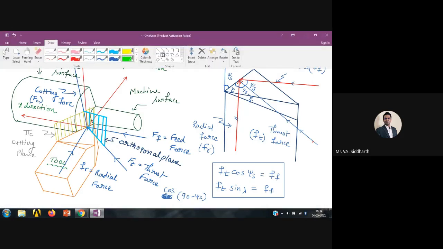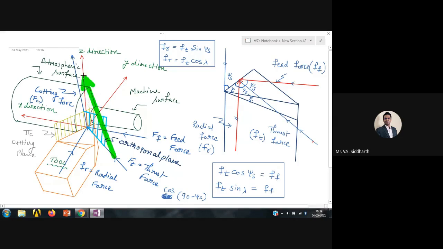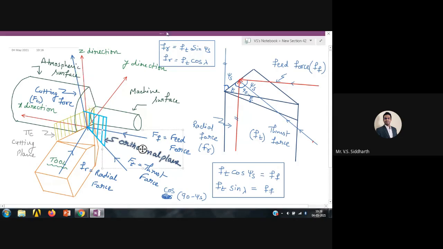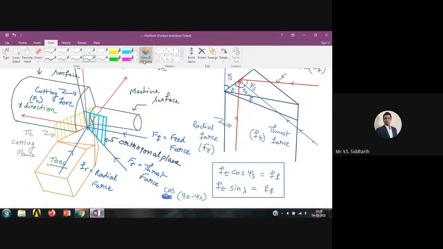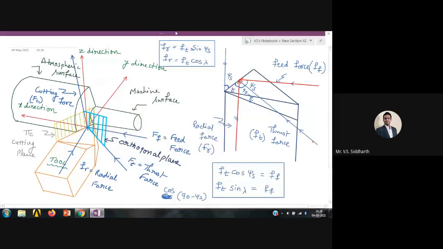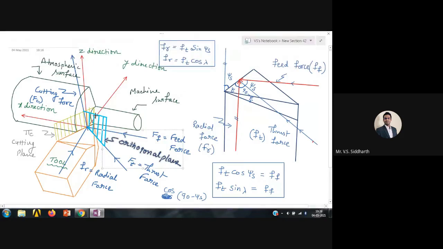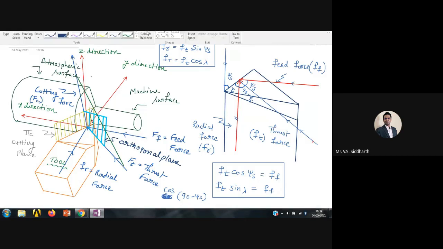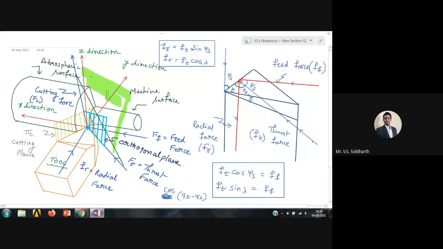Just a minute. This was our resultant, na? If all the forces were lying in this plane only, which is the orthogonal plane in the z plane, then you can find the resultant as root over Fc square plus Ft square.